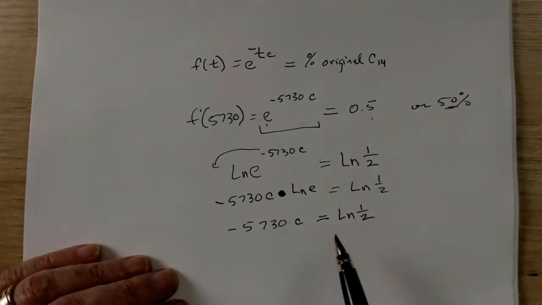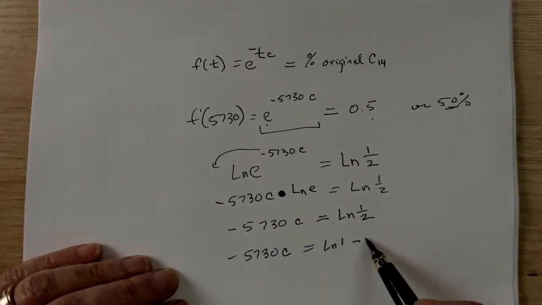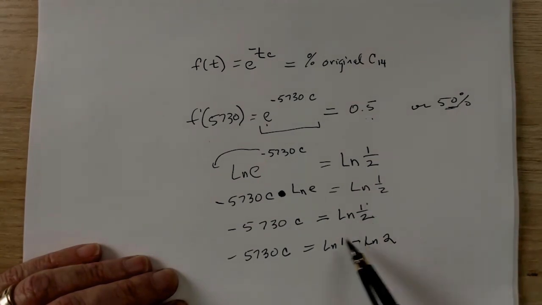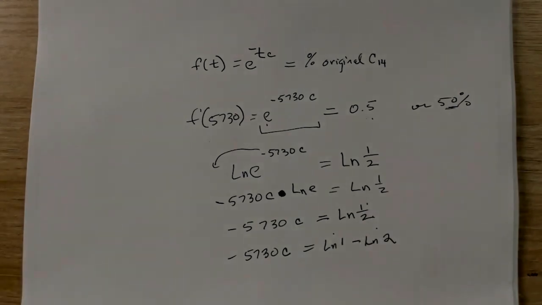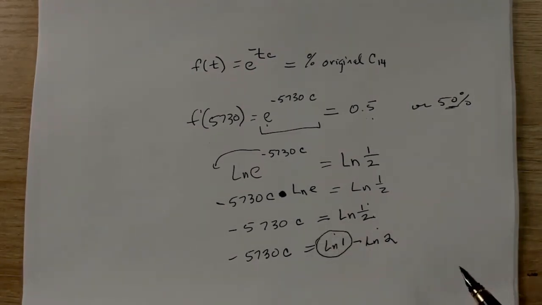Now we can make one more change to this. So we've got negative 5730c equals the natural log of 1 minus the natural log of 2. Because when we have 1 over 2, we can take the log of 1 minus the log of 2 and find the log of 1 over 2. Now, this number right here equals 0.